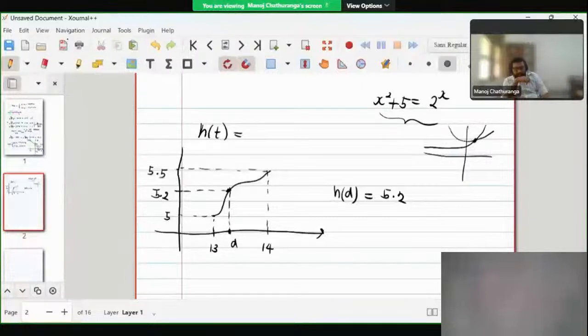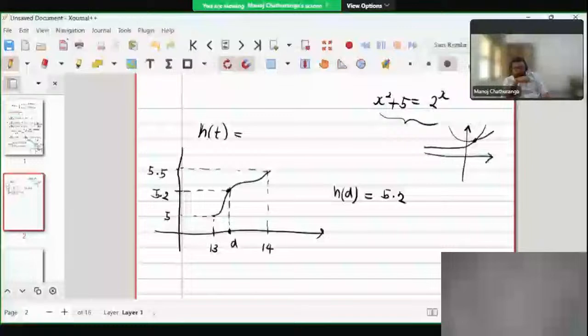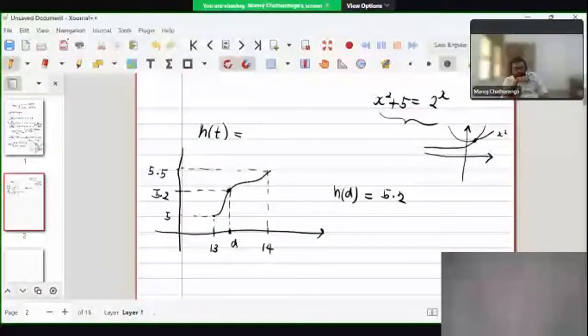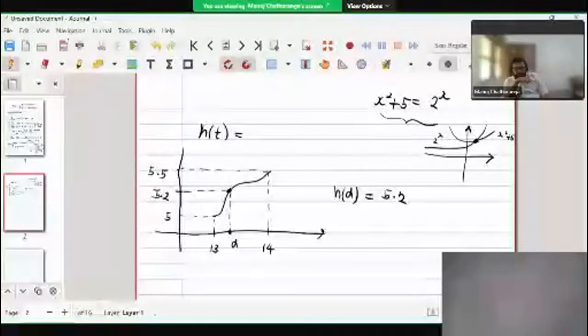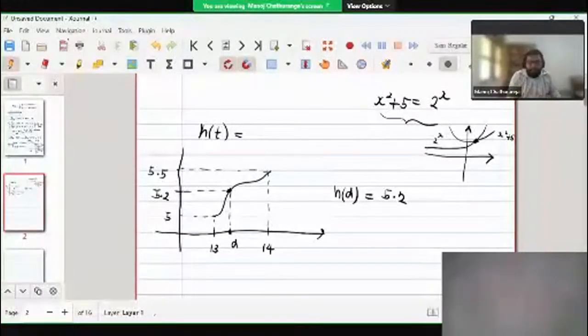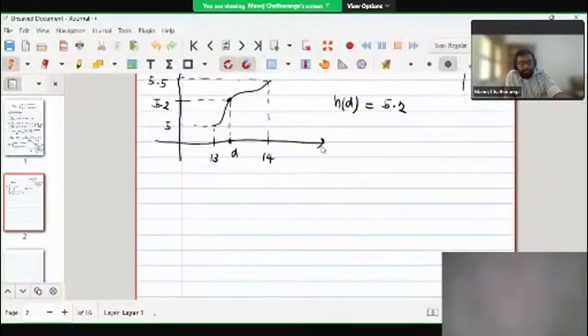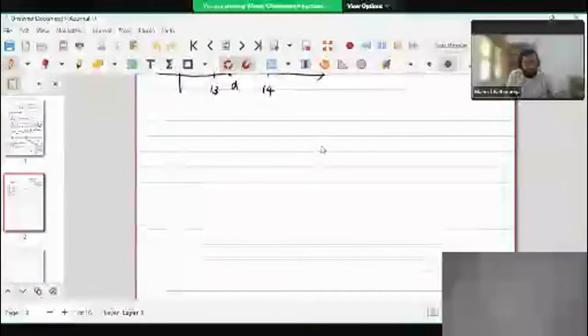So there must be an intersection point here. So when they meet at the intersection point, we must have a solution. So there must be a solution, but we cannot say the exact value. Now we can use the intermediate value theorem to locate a solution.